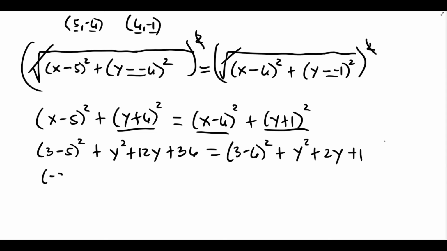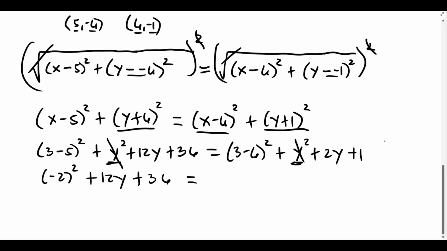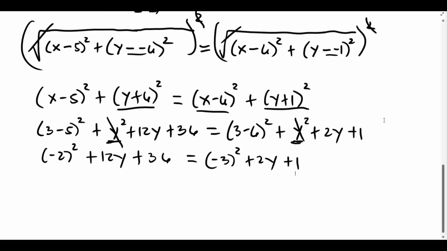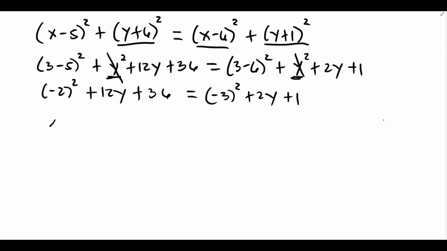Then simplify. This becomes (negative 2) squared, and the positive y squared and positive y squared from the other side cancel, then plus 12y plus 36, equals (negative 3) to the power 2 plus 2y plus 1. Then (negative 2) to the power 2 is 4, plus 12y plus 36, equals positive 9 plus 2y plus 1.